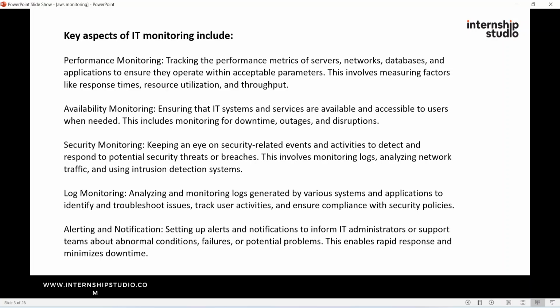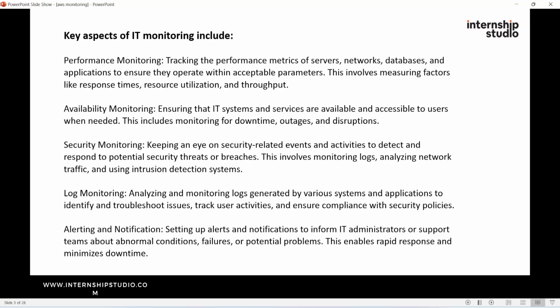Key components here include monitoring of network traffic for unusual patterns, analyzing system logs for security events, detecting and responding to unauthorized access, and conducting vulnerability assessments. Security monitoring also matters because it helps us prevent data breaches and unauthorized access from the outside world.